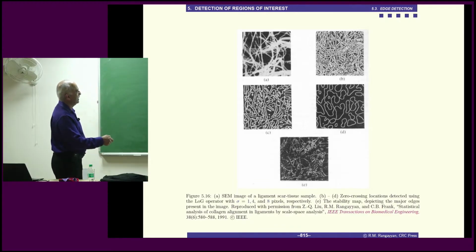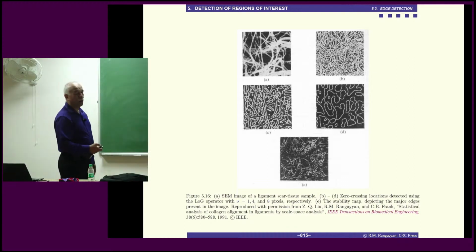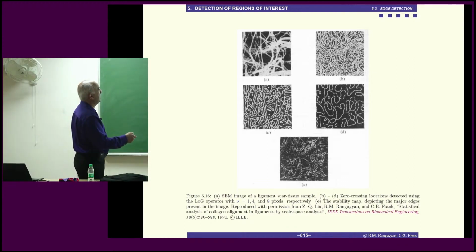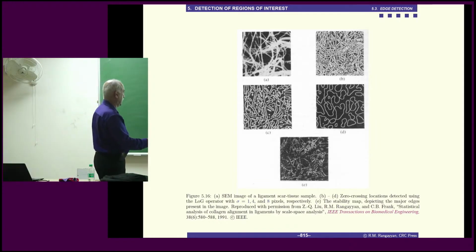This shows multi-scale analysis. Regions or objects of different size, fine edges, all edges, edges of thick objects like that is shown here. Those edges are there, but they are hard to find because there are so many other things. And here with 8 pixels, 1, 4, and 8, that is actually the gap here.